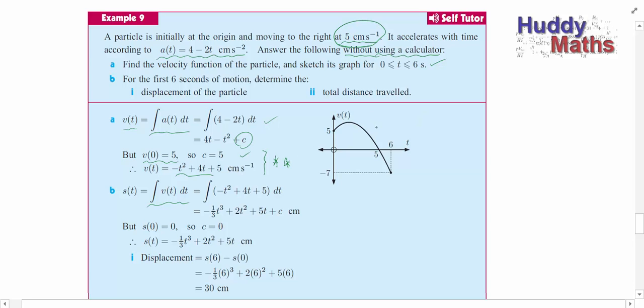So we can now draw its graph. So neg t squared plus 4t plus 5. You'll find where it cuts the x-axis here at 5 and the y-axis at 5, and draw the graph, subbing in the value from 0 to 6.